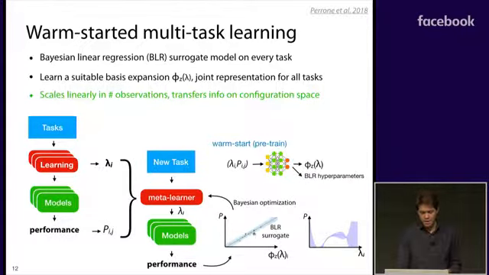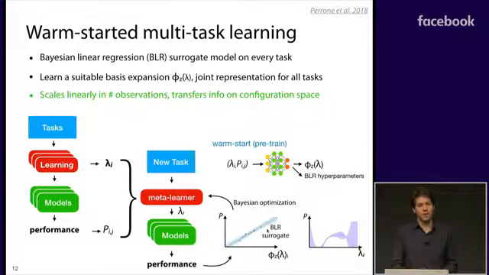Right? But what if I can add the second degree polynomial, the third degree polynomial? Then I can represent the behavior of this hyperparameter much better. So then the question is, OK, if you do that, which polynomials should you use?